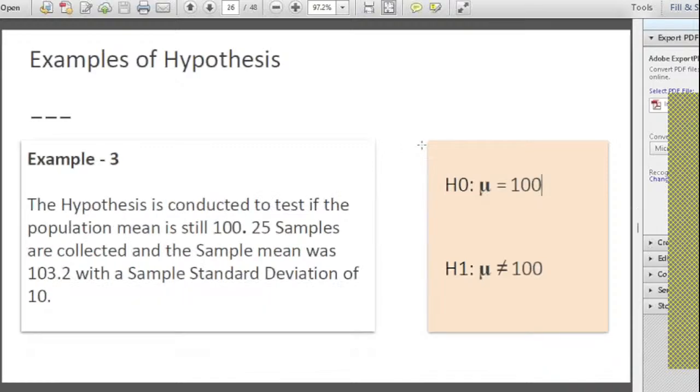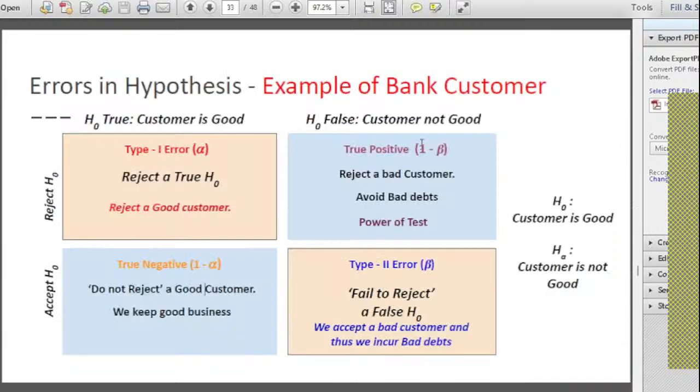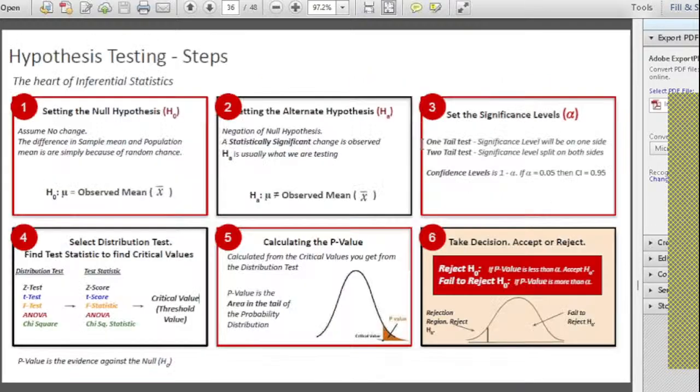Okay? Now moving to the steps in hypothesis testing. Setting the null hypothesis, we have done. Setting the alternate hypothesis, we have done. Setting the significance level, we will discuss. Then select the distribution test. There are different distributions which we are going to learn, and among these we will learn how to select in the fourth step.